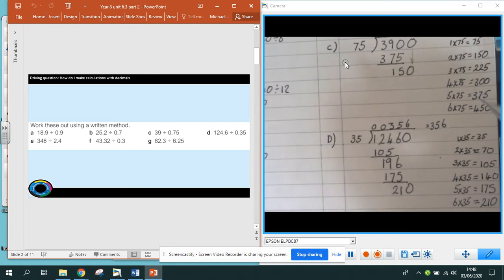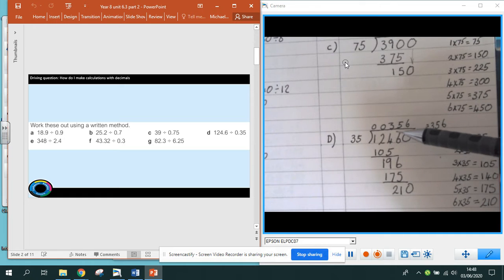D is a similar one. 124.6 divided by 0.35. Again, I had to multiply that by 100, which gave me 35 and 12,460. How many 35s in 1? There's none. How many 35s in 12? There's none. How many 35s in 124?